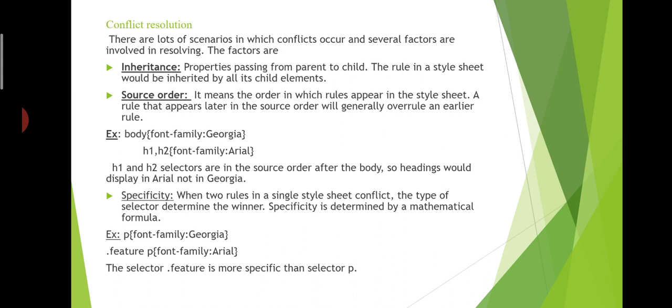Here the selector dot feature represents the specificity. So I am specifying this should be the particular. So whichever CSS is prefixed with dot feature will be more specific than the previous selector.